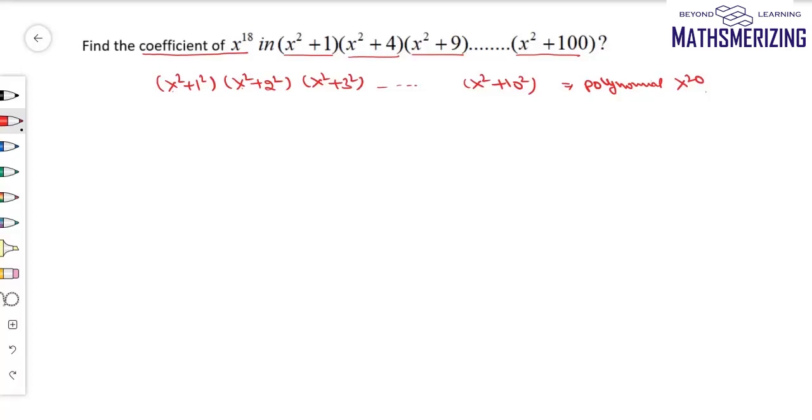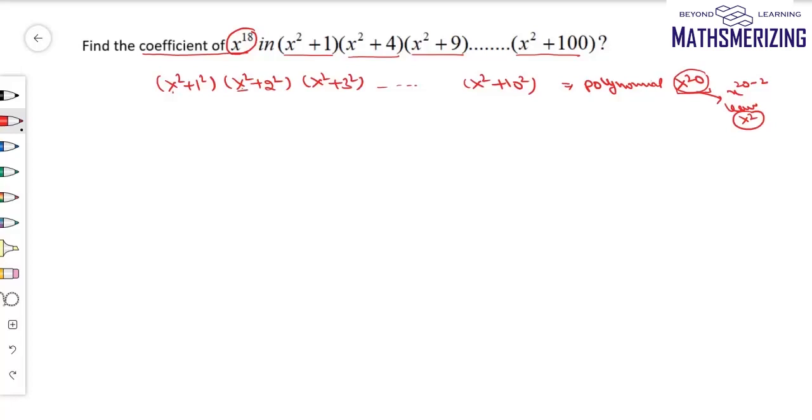Now the coefficient of x to the power 20 is simply 1. But in this case, we are not interested in x to the power 20. We want to work out the coefficient of x to the power 18. So x to the power 18 is x to the power 20 minus 2. That is, out of this product of all these x², I'll just need to leave 1 x². If I leave 1 x², I'll end up getting x to the power 18.